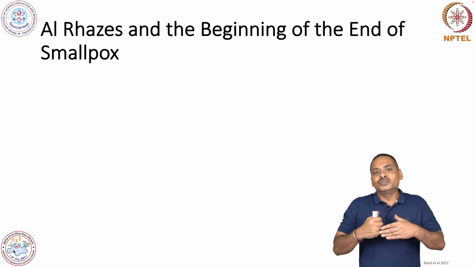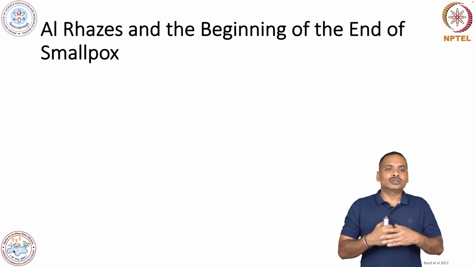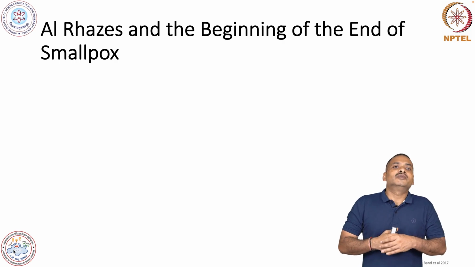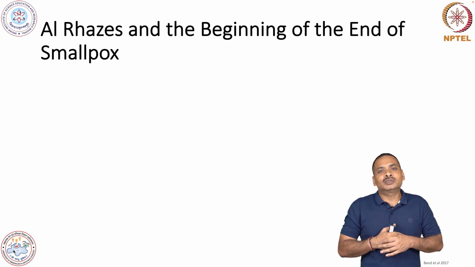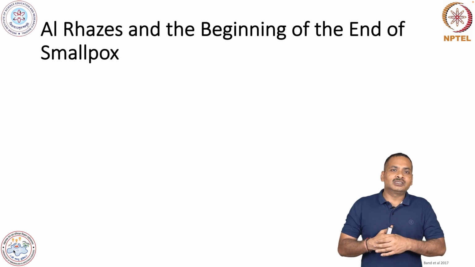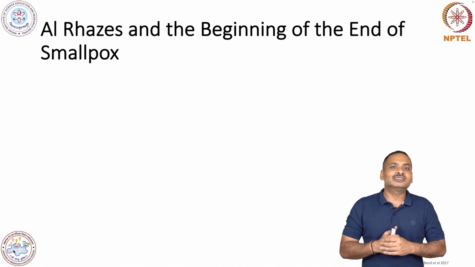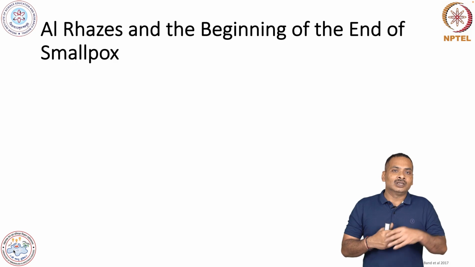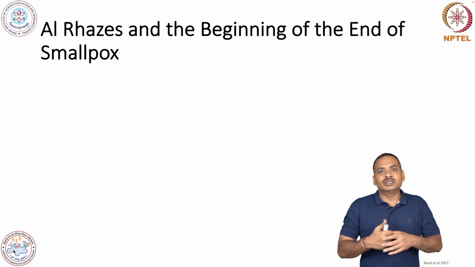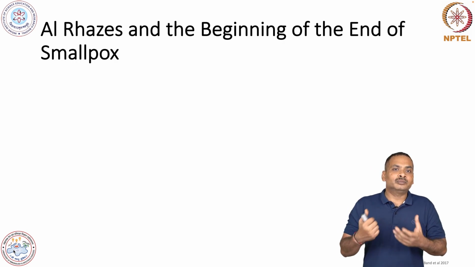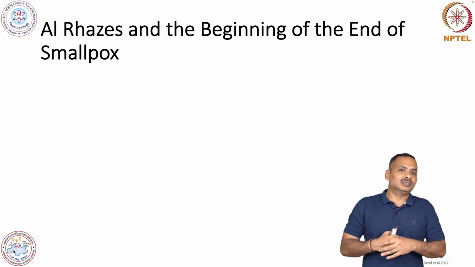Please note that before the concept of Al-Razi, people thought this was some kind of curse from God. Those who developed this disease, and it spread like anything because it's highly contagious, were seen as cursed, because there must be something wrong, and people were not thinking of anything other than this.